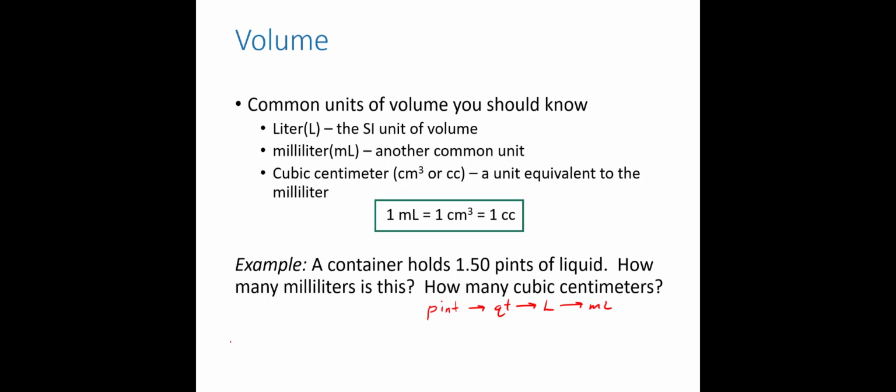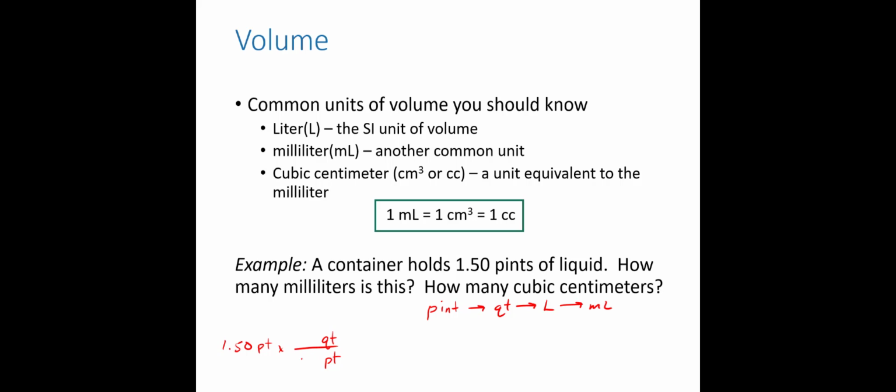So we'll start off here with 1.50 pints. So I want pints to cancel out. So I'm going to put pints in the denominator and quarts in the numerator. You see these arrows basically stand for a conversion factor.